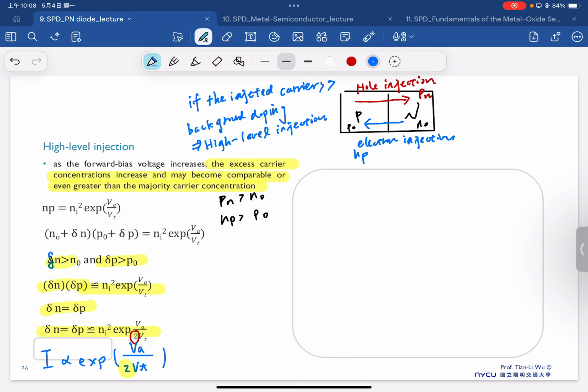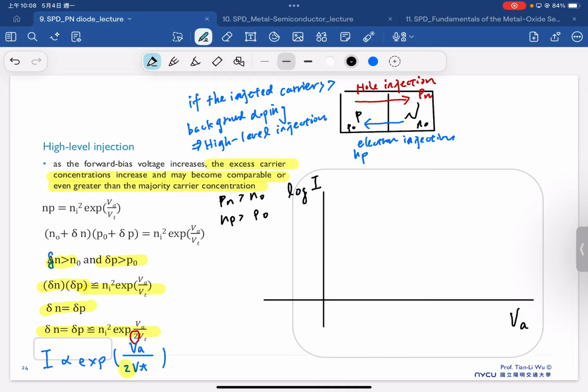So based on this current equation, we can foresee our current IV characteristic will be shown as here.